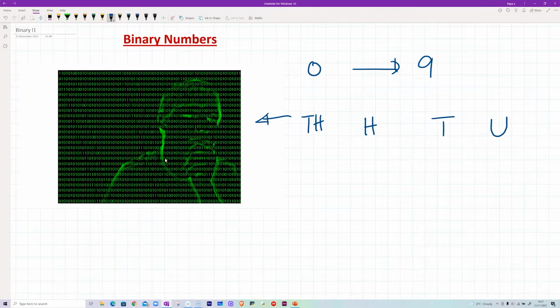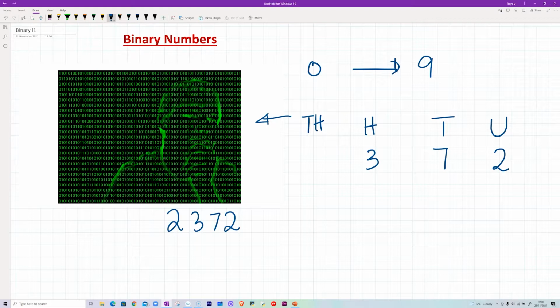So for example, if we had a number 2,372, how do we represent that on this number line? Well, how many units do we have? We have 2. How many tens do we have? We have 7 of them. And how many hundreds do we have? We have 3.